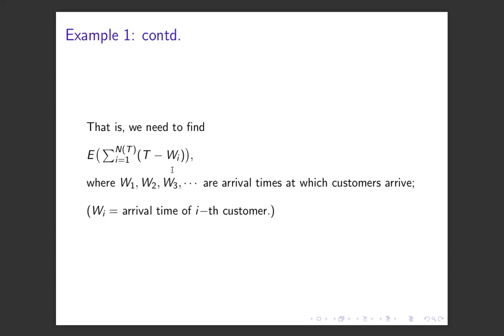So these Wi's are the arrival times of customers, with Wi denoting the arrival time of the ith customer. So we have to find this.